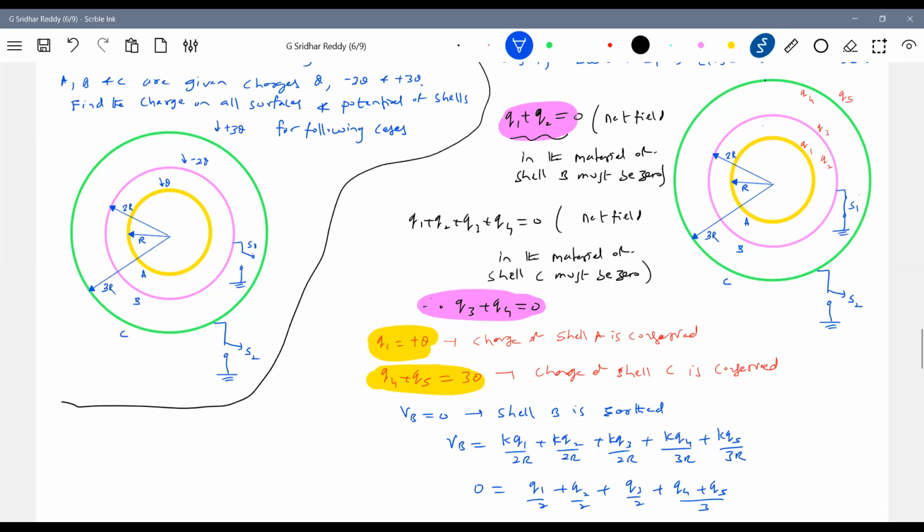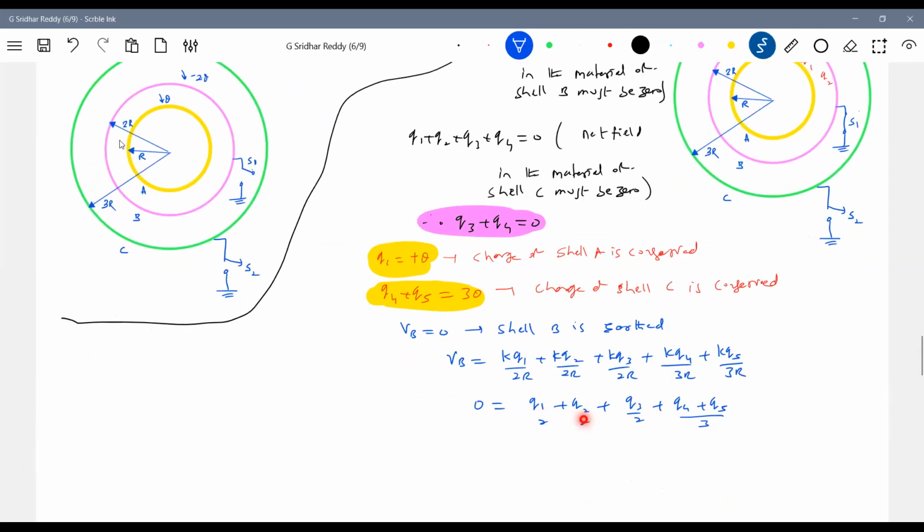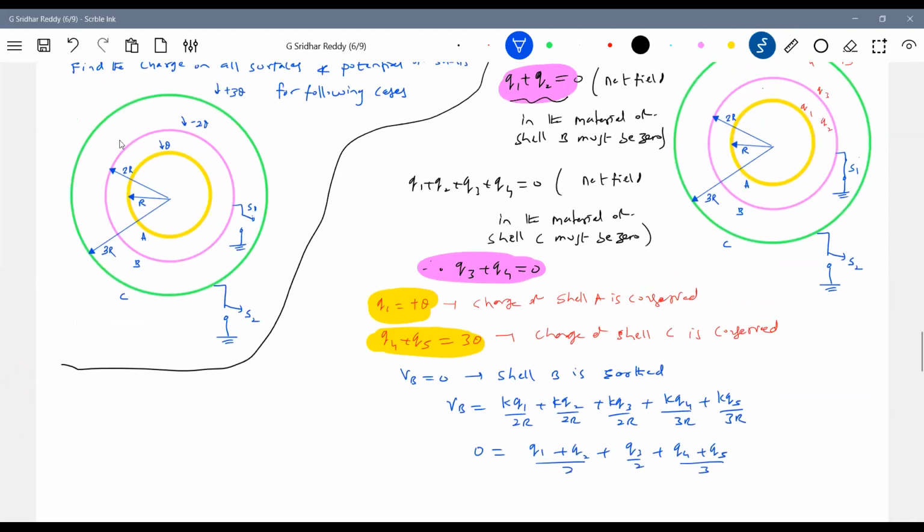So with that, we make these two common. Q1 plus Q2 is equal to 0. Q4 plus Q5 is 3Q by 3. So Q3 equals minus 2Q. Okay, I think that's the first answer we got.